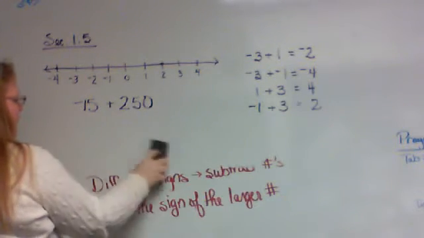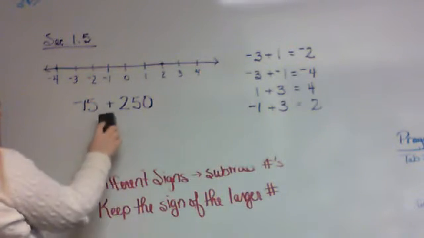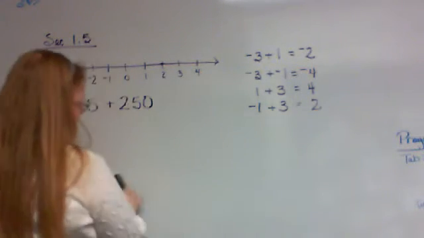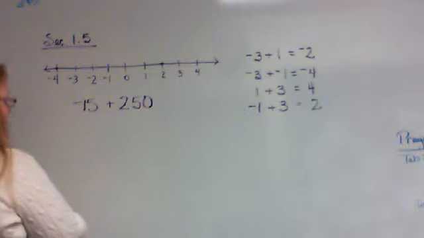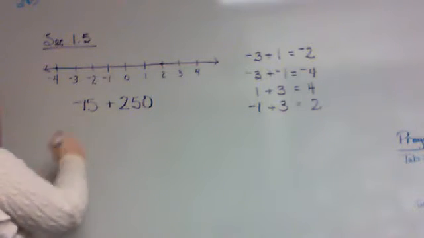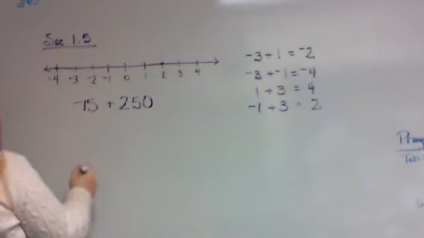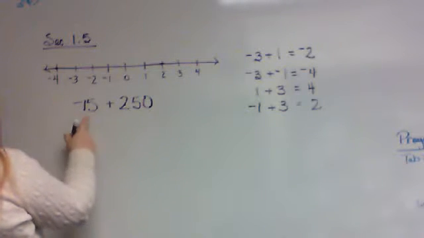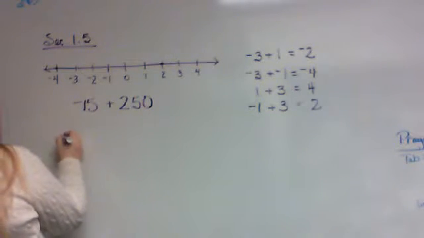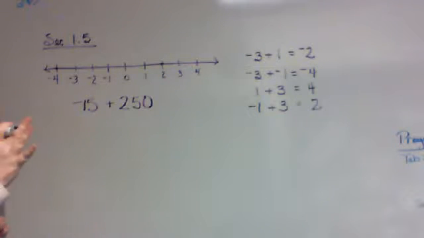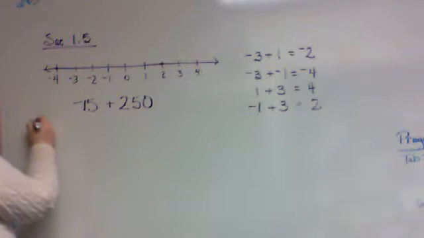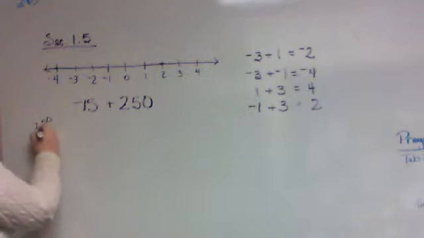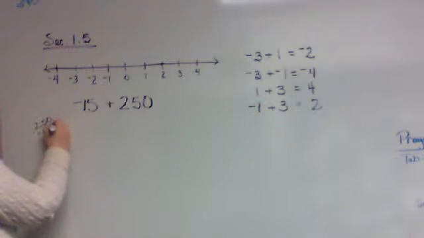Let's get back to our original problem that they gave us, since I'm not going to draw a number line out to 250. Like signs or different signs? They're different signs, which means I have to subtract the numbers. So in my head, I can subtract it, or I can come over here like a little scratch sheet of paper and subtract it.